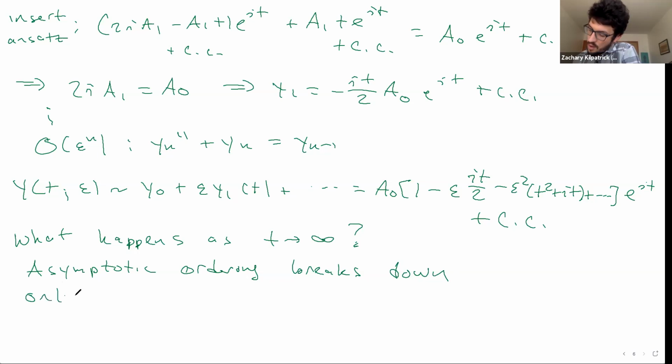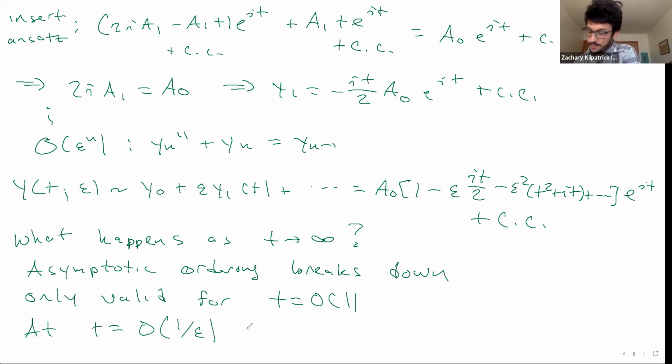And so overall, it's only going to be valid for order 1 t, and at t equals order 1 over epsilon, epsilon y1 is going to equal order 1. And we essentially get non-uniformity of our asymptotic expansion.